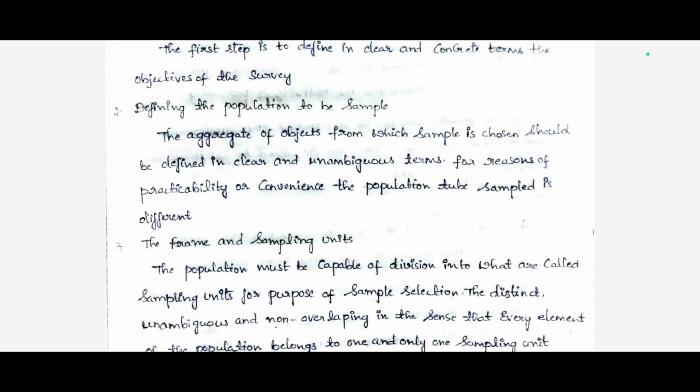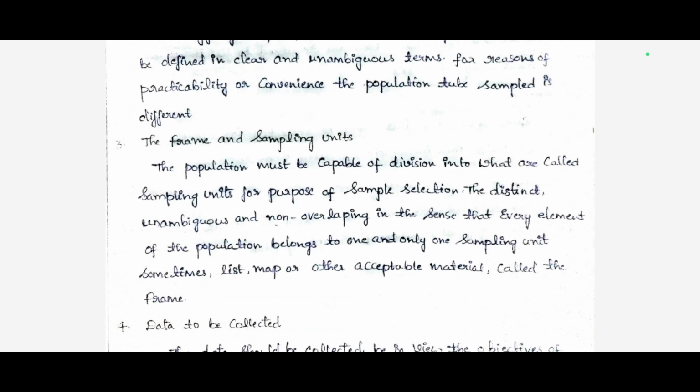Next, defining the population to be sampled. The aggregate of objects from which the sample is chosen must be defined in clear and unambiguous terms. For reasons of practicability or convenience, the population to be sampled may be different. Next, the frame and sampling units.